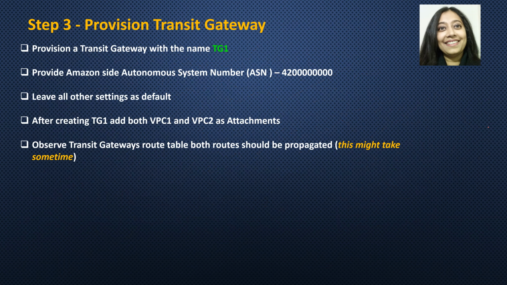What we are going to do is provision a transit gateway and name it TG1, and provide an Amazon side autonomous system number. This is a number that we are going to use, and I'll provide additional info on that. Leave all of the settings as default. After your transit gateway has been provisioned, we will add both VPC1 and VPC2 as attachments. Now, if you don't know what attachments are, please go and review the overview tutorial that I had shared earlier, where I've explained what an attachment is.